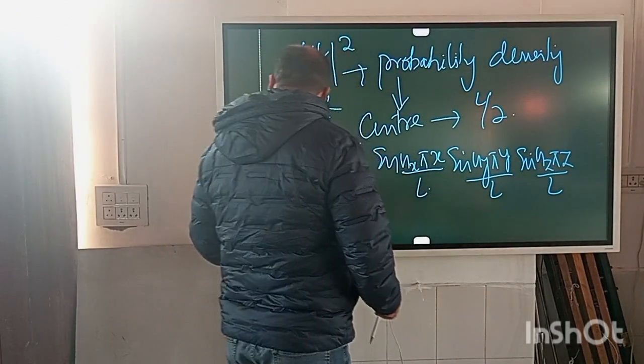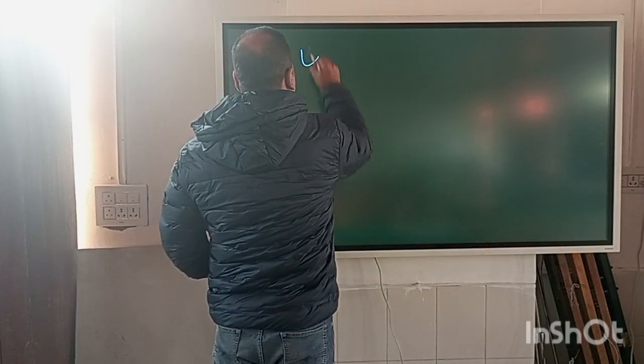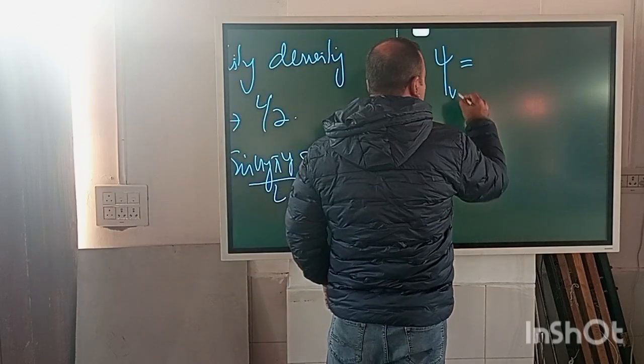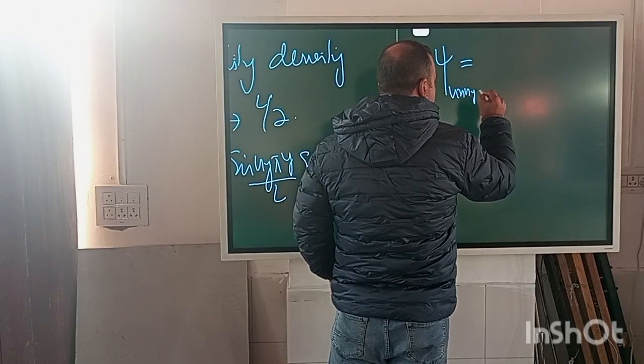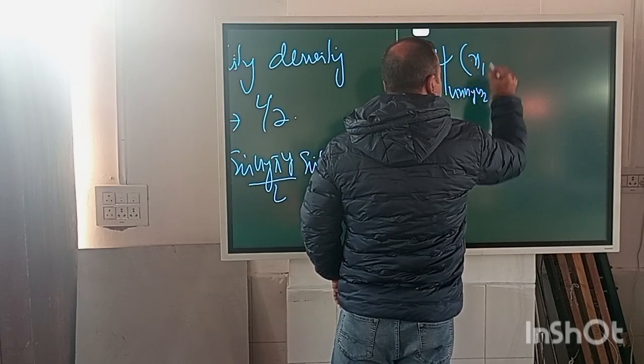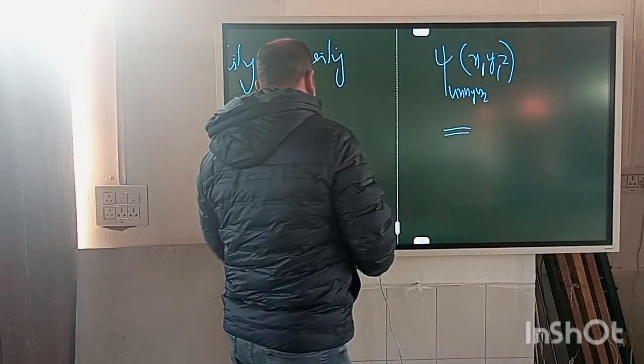So what will psi look like? The psi is basically of nx, ny and nz, and the psi encloses all the 3 coordinates x, y, and z.